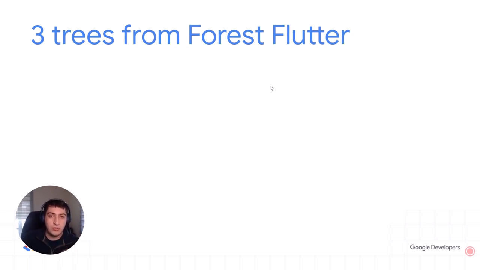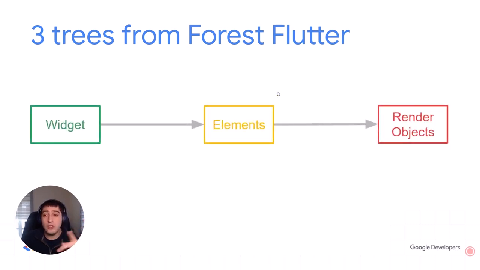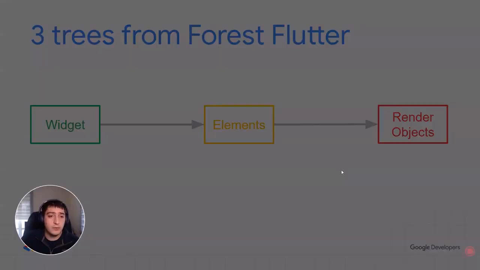There are multiple tree structures, and one of them is the widget tree, the other one is the element tree, the other one is the render object tree. These three are the ones that we are going to be focusing on, but there are semantics trees and so on and so forth, many more tree structures within the SDK itself.